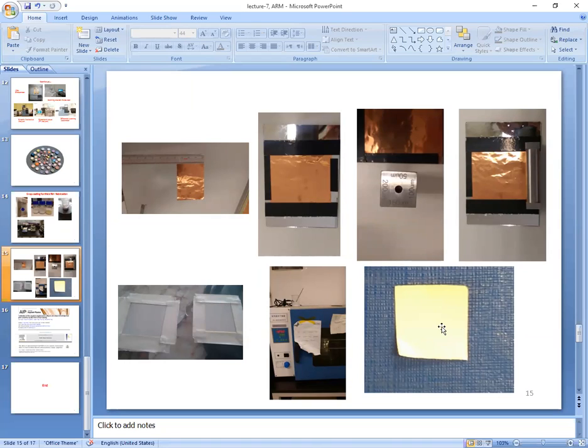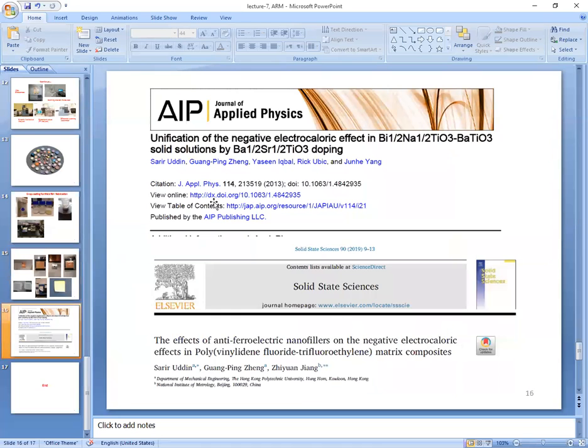I will show you the paper. Okay, so this is the paper. This one is the data of the PVDF, polyvinylidene fluoride trifluoroethylene. This is a copolymer, like plastic, you can say.